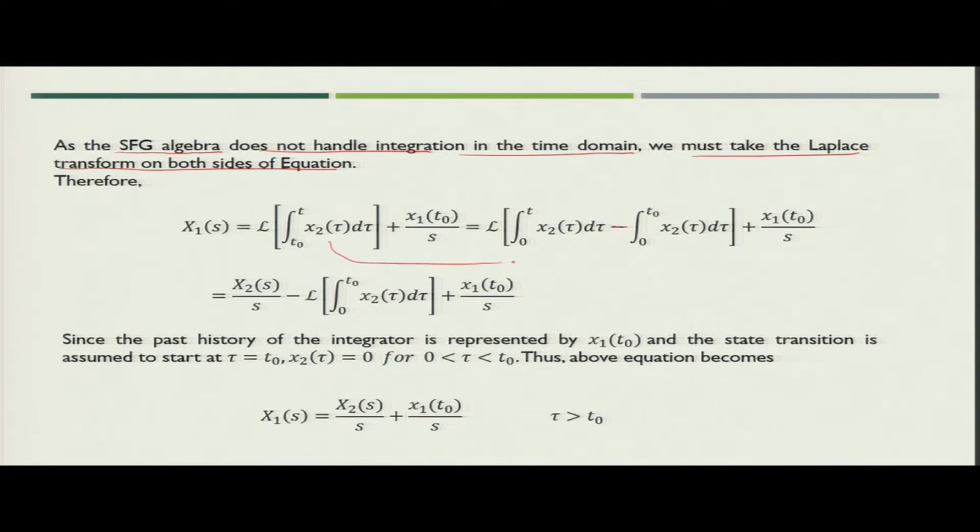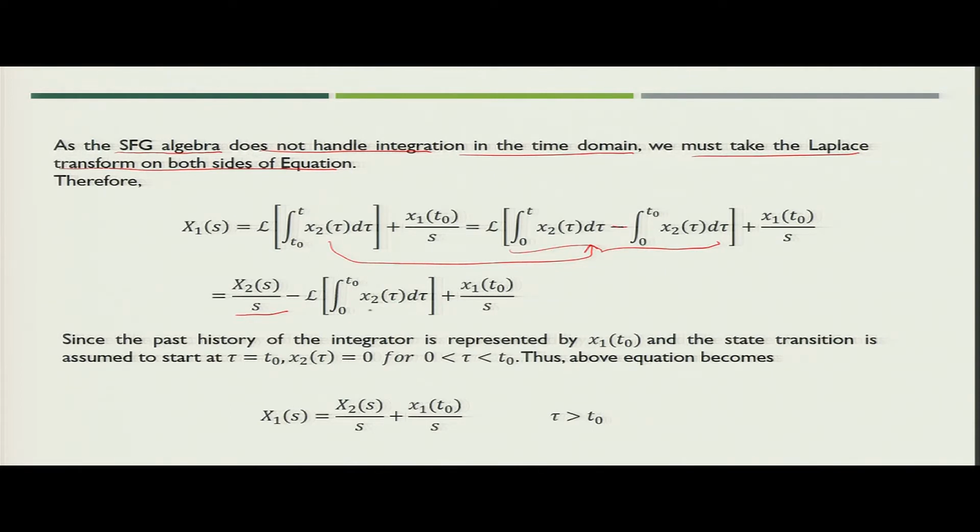So, this can be equivalently represented by the integration broken into two parts, and then x1(t naught)/s, which is the initial condition. Now, the Laplace transform of the first part you can simply write as X2(s)/s, by the definition of Laplace transform which we discussed previously.